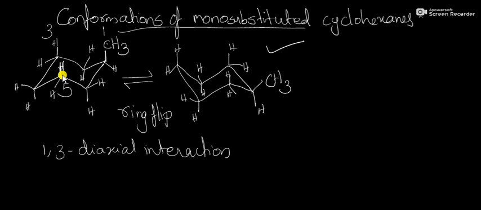The repulsive crowding or steric interaction between two axial substituents, or two axial atoms or groups, is known as diaxial interaction. When the diaxial interaction is at the first and third positions, it is called 1,3 diaxial interaction. If it is at the first and fifth positions, it is called 1,5 diaxial interaction.